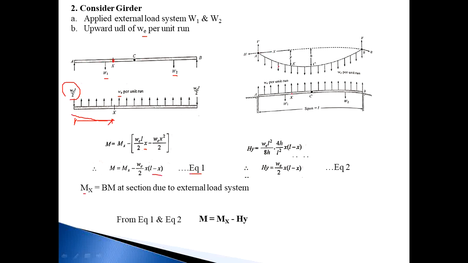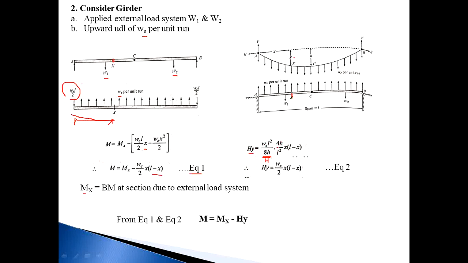The cable is subjected to WE, and this is the x section, and at x the depth of the cable is y. So the moment is H into y, and already we know the value of H. H value is WE L square divided by 8h. This is the value of capital H, into y, and y is already discussed in the previous problem.